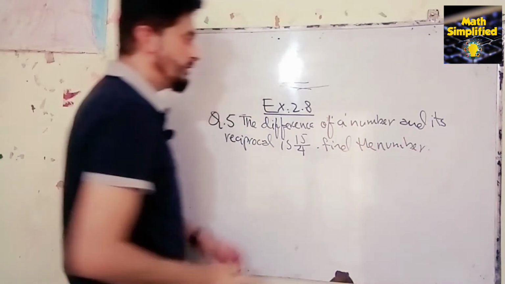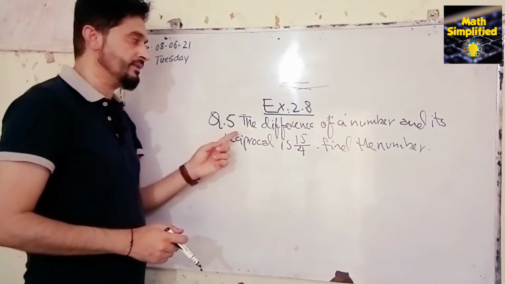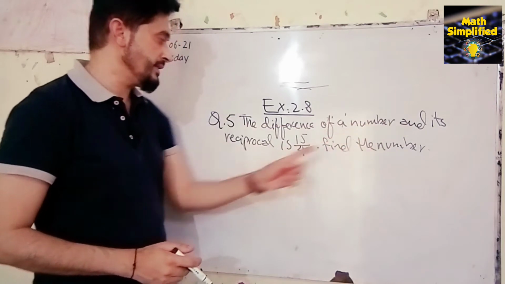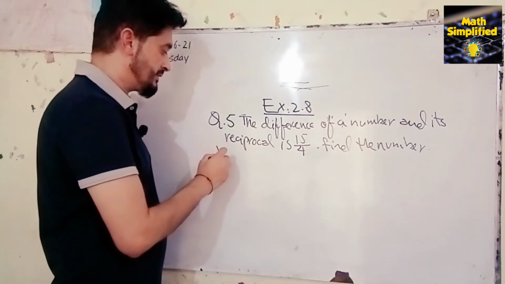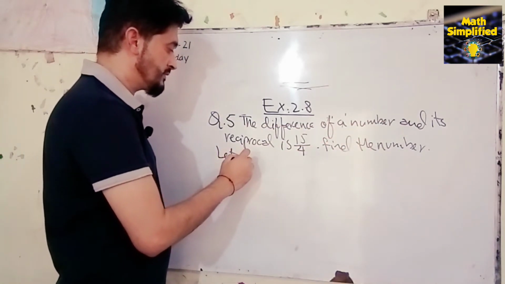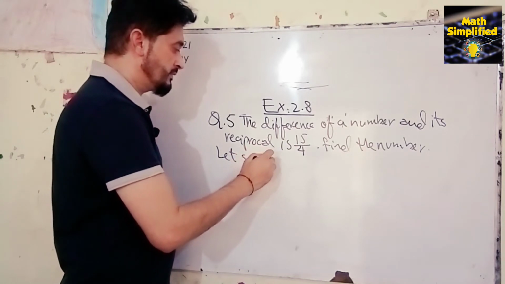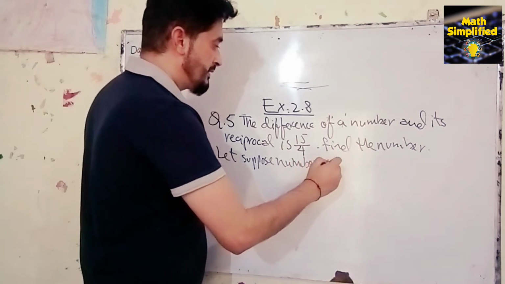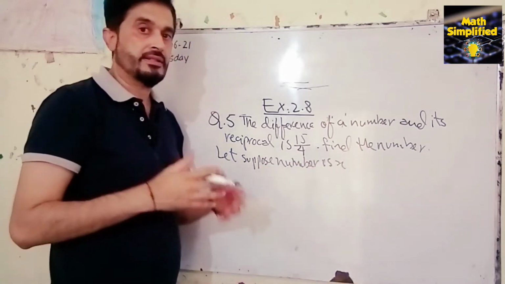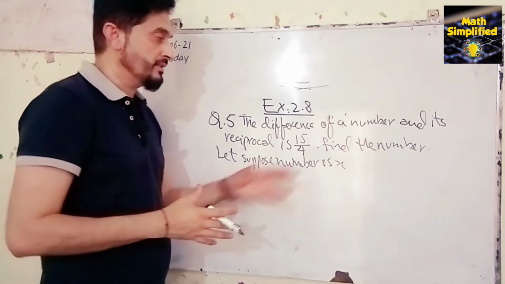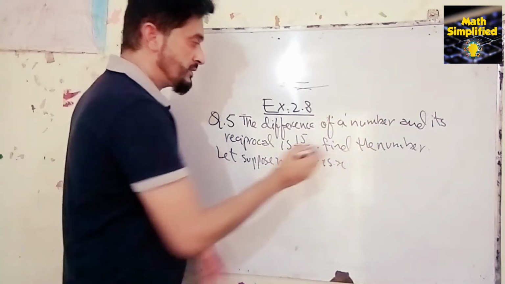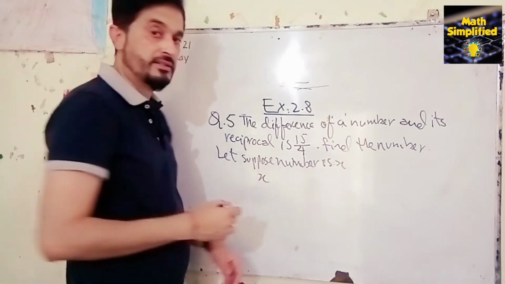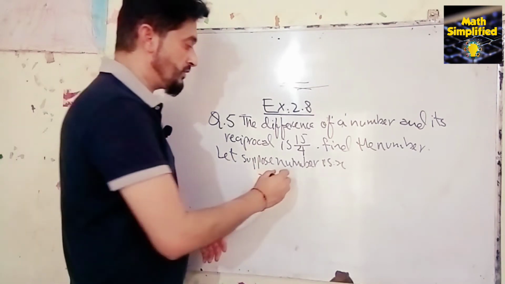According to the question statement, the difference of a number and its reciprocal. Let us suppose the number is x, and its reciprocal will be 1 over x.